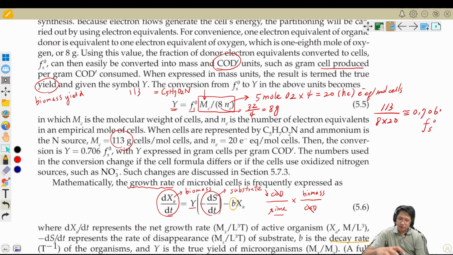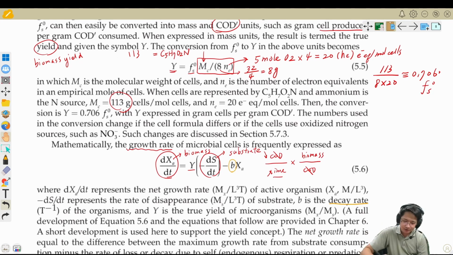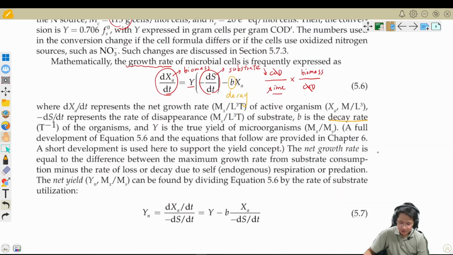So one part is you generate new biomass, and another part is your active cells will get decayed, and they will finally diminish from the bioreactors. So you have to subtract this portion. So this is all for decay. So you will get a final true yield of the microorganisms in the biosystems.